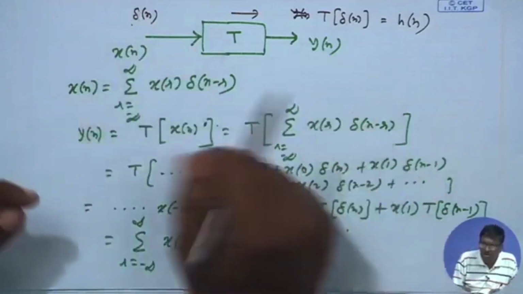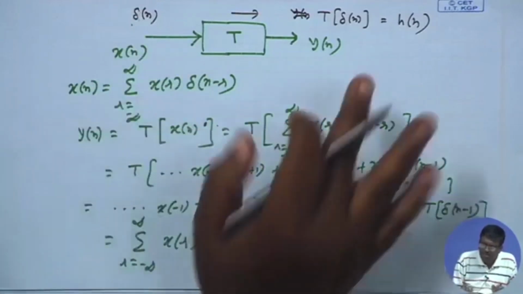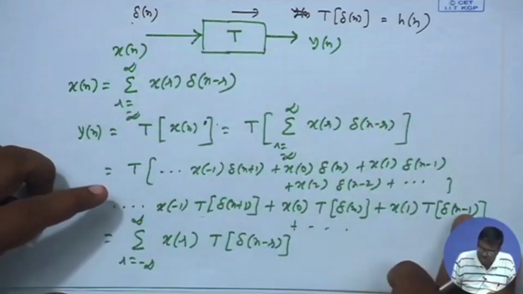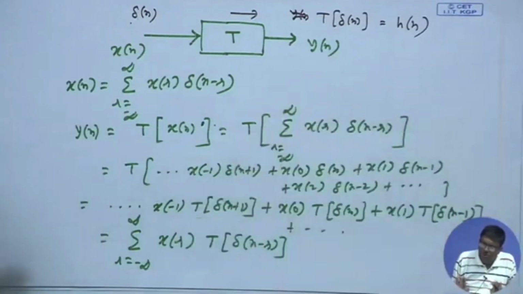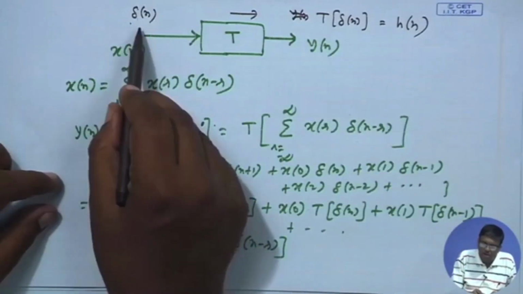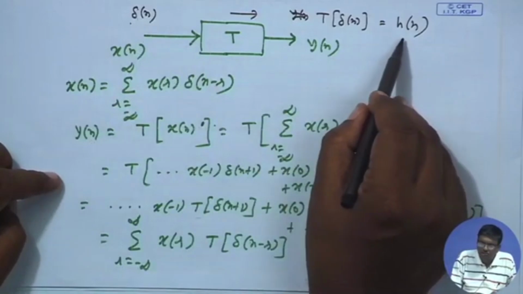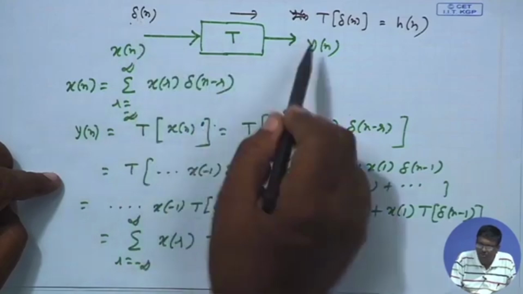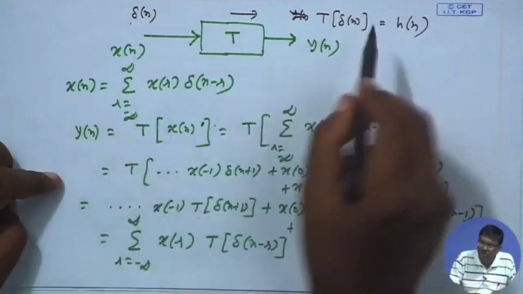So, we call it that by mistake, but the mistake is accepted as impulse response. Actually, it is unit sample response. So, if I say impulse response, you should understand that I mean unit sample response. That is, you give delta n as input, and the output you record, you call it h n, which is the unit sample response.